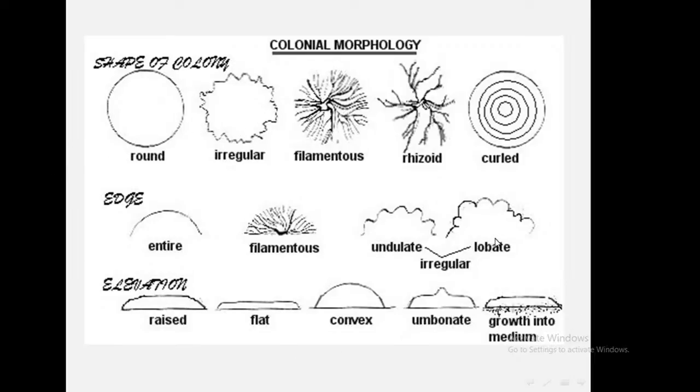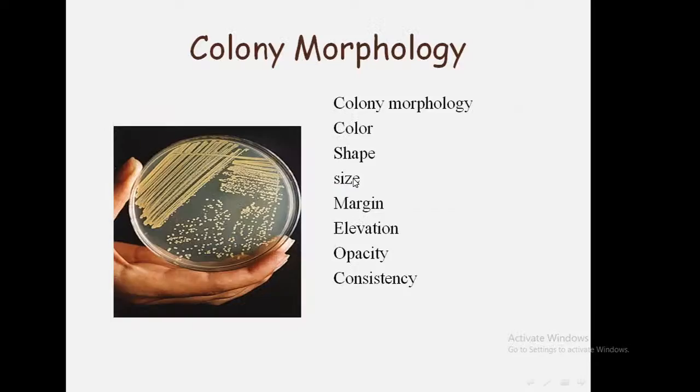All these shapes we see during the experiment. Isolation of pure culture techniques: in that we also see all the methods and how they grow. Colony morphology: color, shape, size, margin, elevation, opacity and consistency.